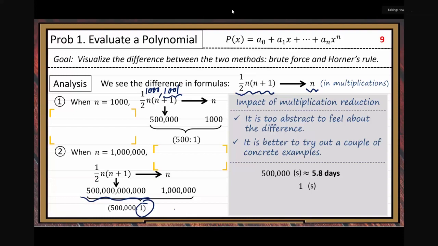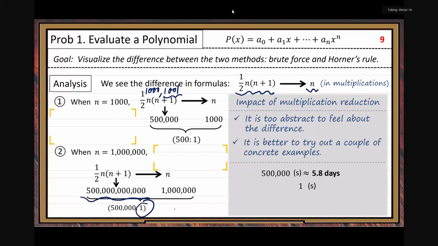You hit the enter key, and after 1 second, you see the answer displayed on the screen. If you use the brute force method, after you hit enter, you need to wait 5.8 days to get the answer. That's the huge difference. Can you see that?